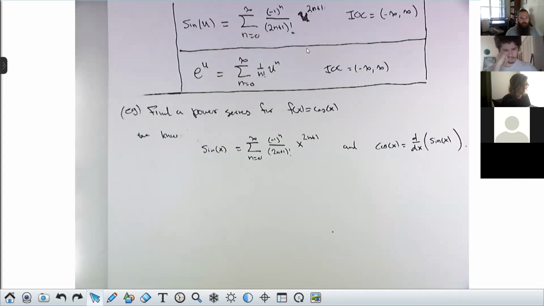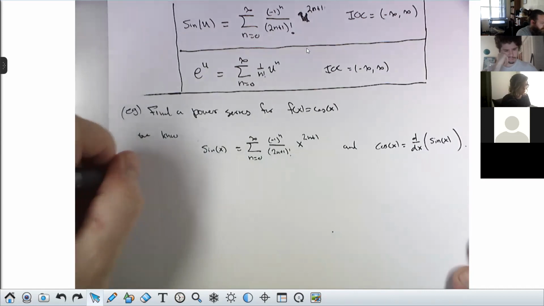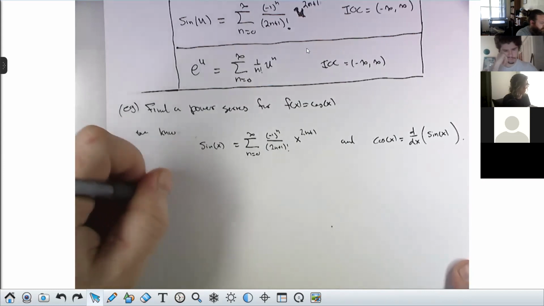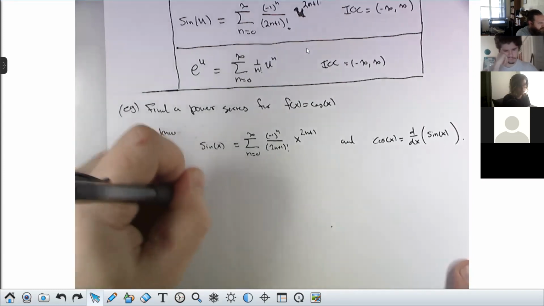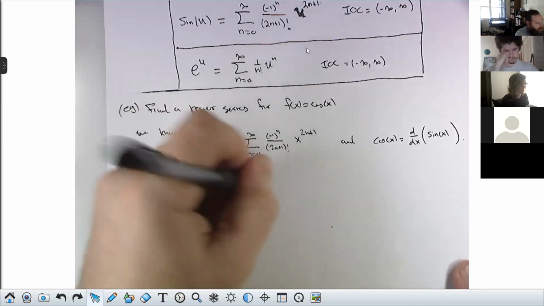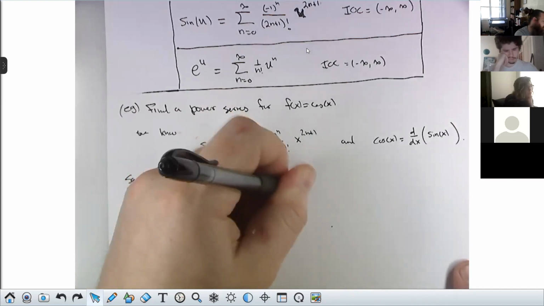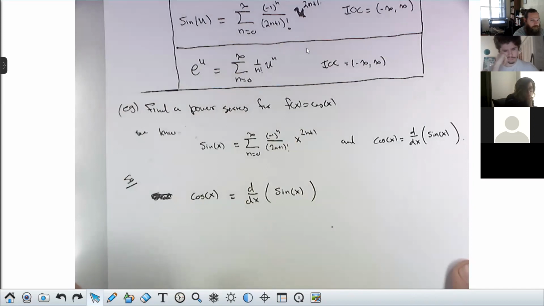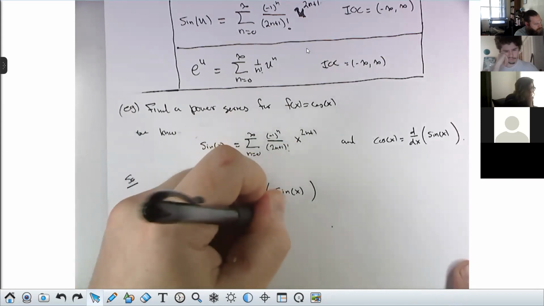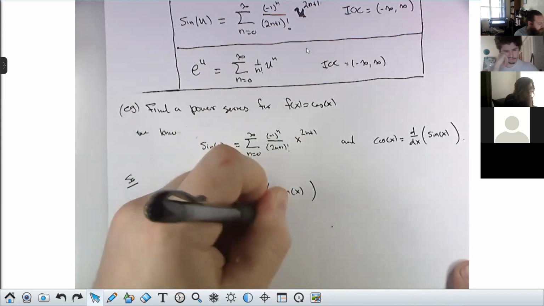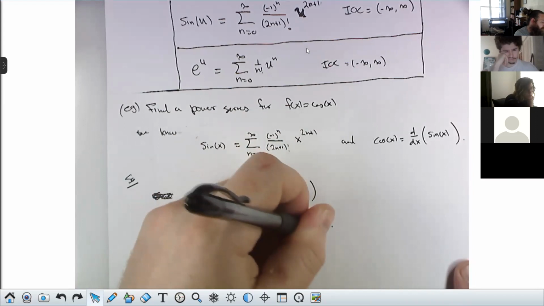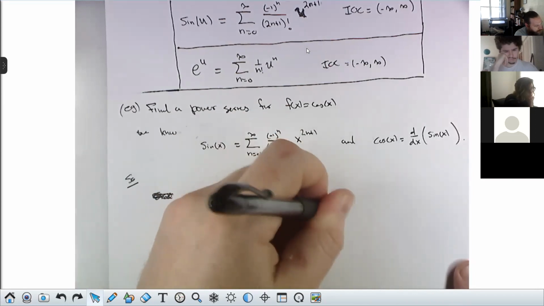Those two facts will do the job. So cos x is equal to d/dx of sine x, which is d/dx of sigma n from 0 to infinity, negative 1 to the n over 2n plus 1 factorial x to the 2n plus 1.